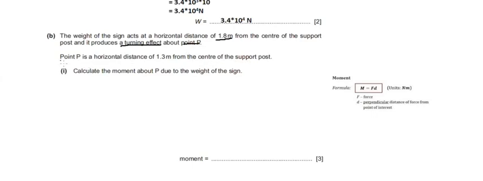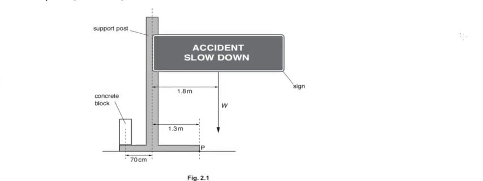The point P is at a horizontal distance of 1.3 meter from the center of the support post. So here you can see this is a point, and this distance is nothing but the 1.3.